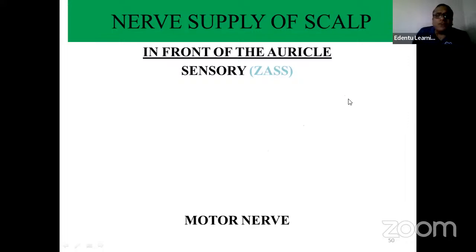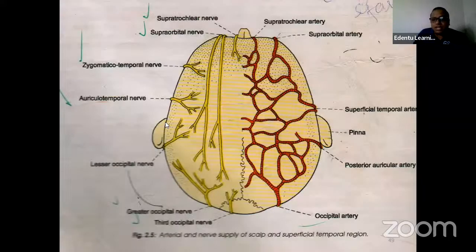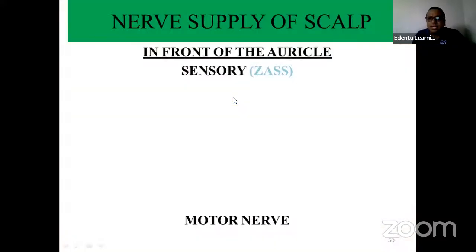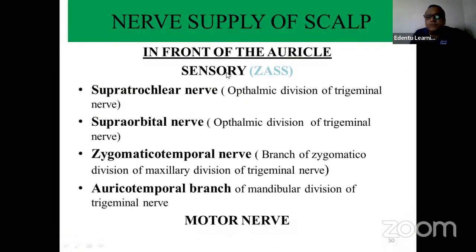So in front of the auricle, this is the auricle here, towards the nose and all this area, there are 4 sensory and 1 motor. Similarly, behind the auricle, 4 sensory, 1 motor. For the 4 sensory, remember a mnemonic, ZASS.